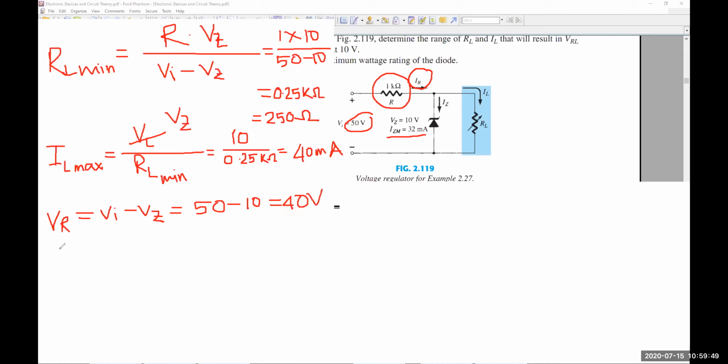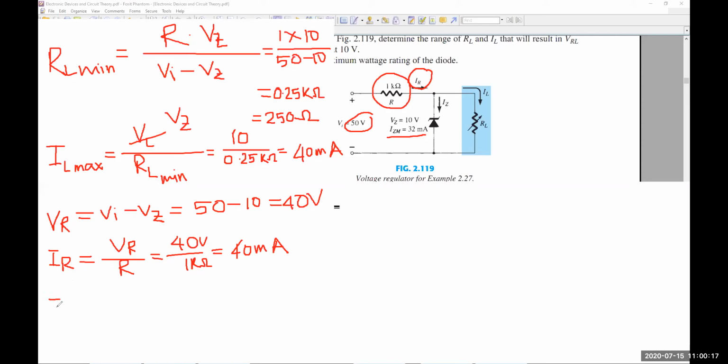What is your IR? IR is equal to VR divided by R. VR is 40, R is 1 kilo. So this value will be 40 milliamp.